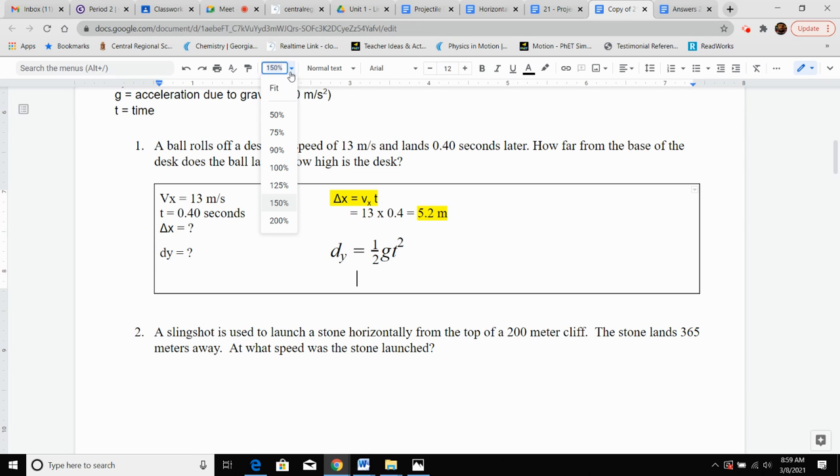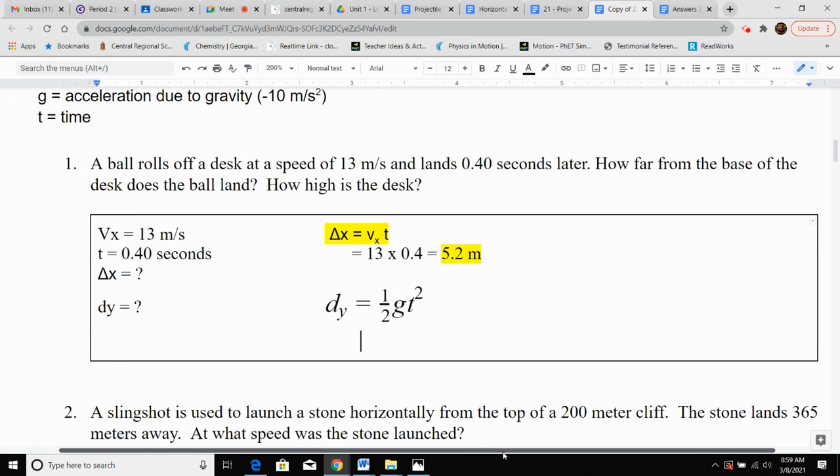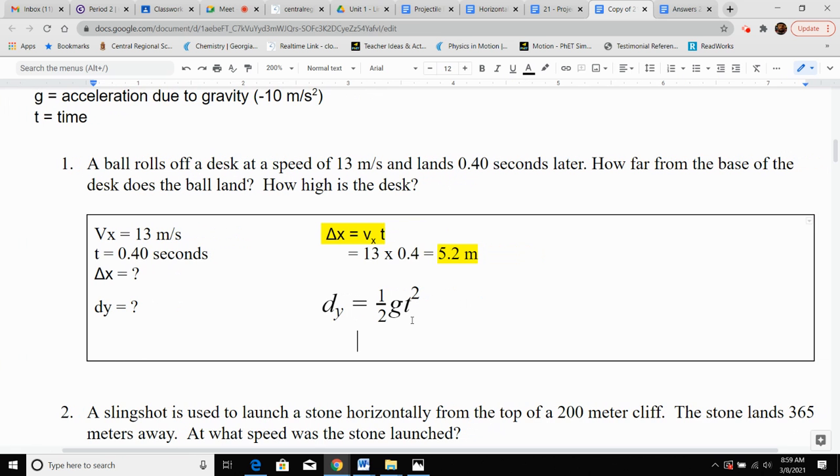Let me zoom in just a tiny bit more here. Okay, so we have 1/2 g, which is negative 10, times t squared, and it's important to only square time. So it's 0.4 squared. Do you guys remember how to do the square?